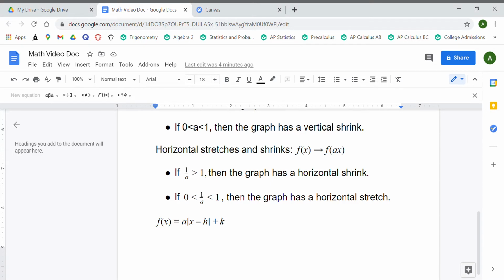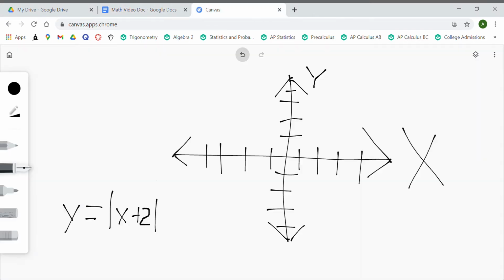If you refer back to this, it's supposed to be minus h, not plus h. So when we have a plus h, we have to go to the left. All right? So I'm just going to plot the vertex right here. And then there you have it. Got a little check mark there.